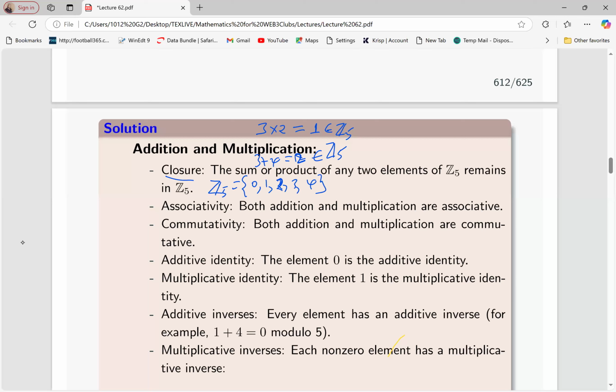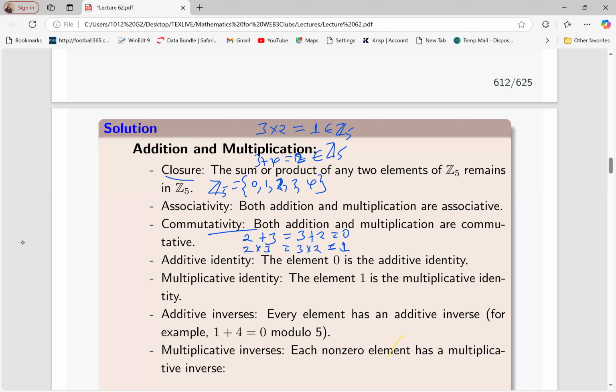Associativity will be obvious. We don't need to bother ourselves with it. Even commutativity will be obvious. For instance, 2 plus 3 gives the same result as 3 plus 2, and this is 0. And 2 times 3 gives the same result as 3 times 2, and this is 1 in both cases.